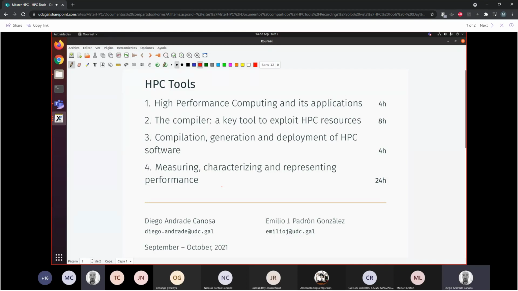So which kind of metrics do we have in computers in order to assess or to evaluate the performance of a computer?